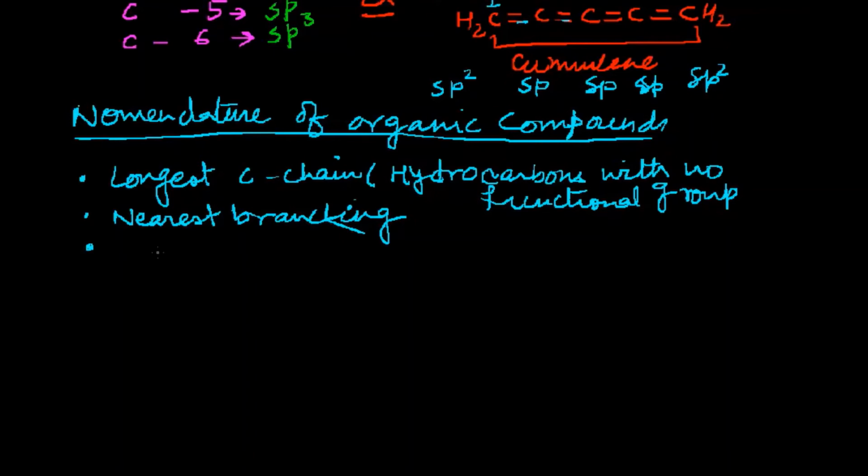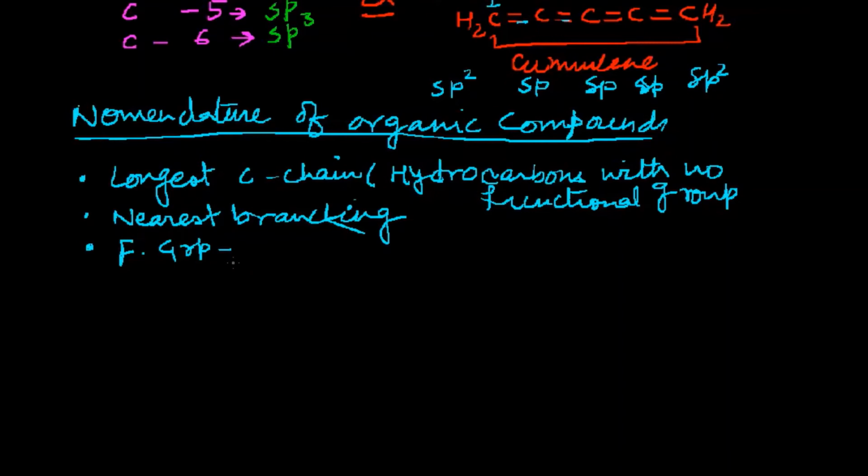Next, if a functional group is present, we can define functional groups as those atoms or groups of atoms which decide the physical as well as chemical properties of an organic substance.